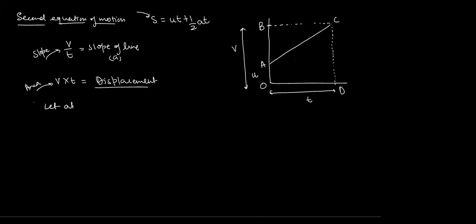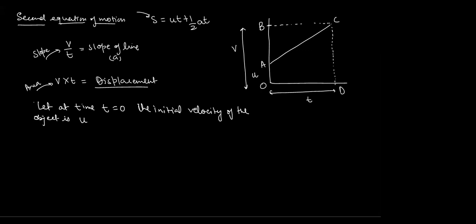So let at time t equals 0, the initial velocity of the object is u, and at time t equals t, the final velocity of the object is v.